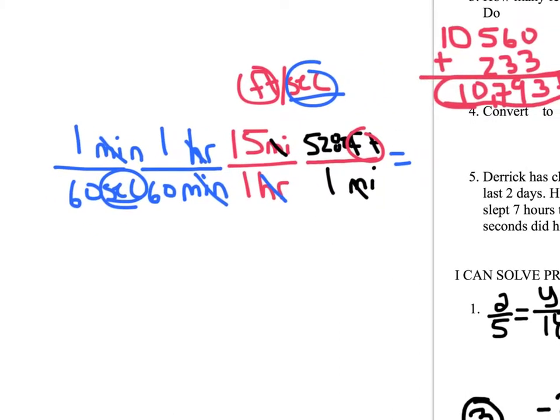That's going to be 79,200 over 60 times 60, which is 3,600. And remember, at the very end I divide. When I divide that, this will give me a unit rate, right?